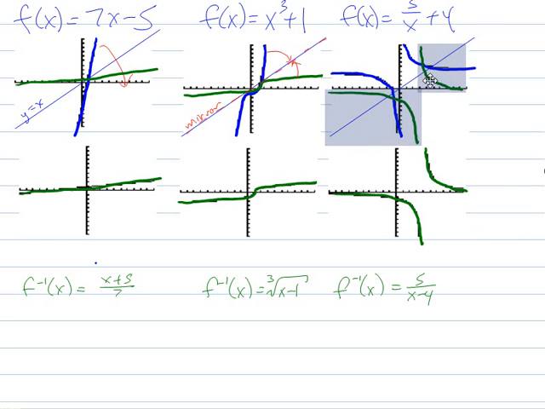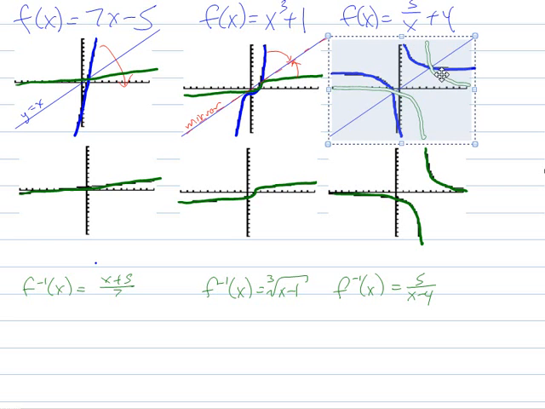And let's see, where was it? It was right there. Right there. Can you see this? If this is a mirror, the two lines are like reflections of each other. So that's what we're kind of looking at here.